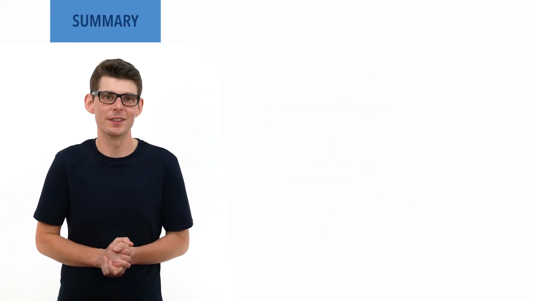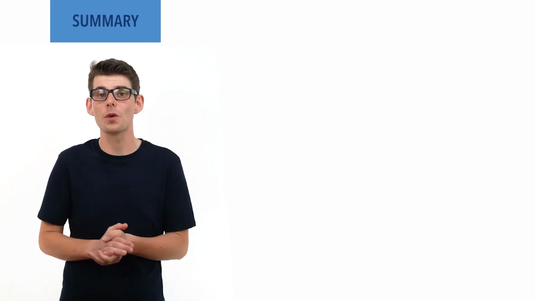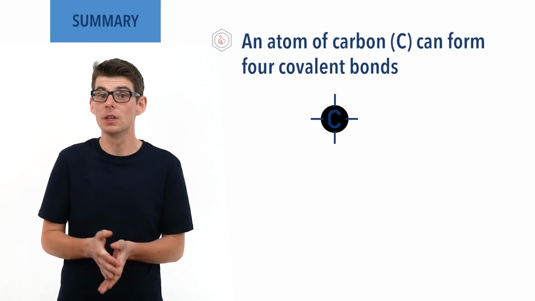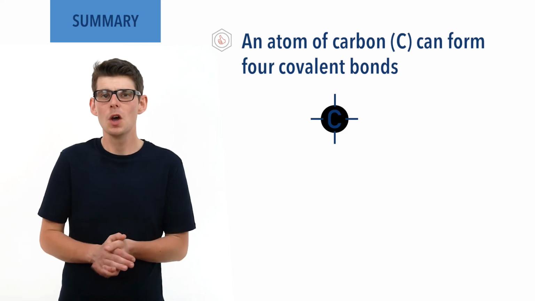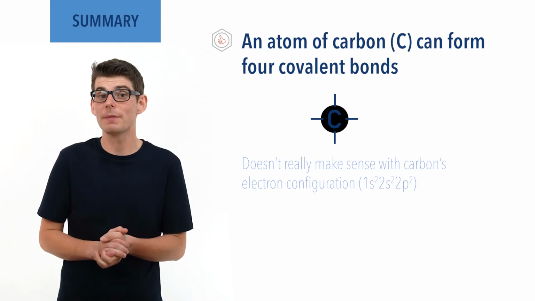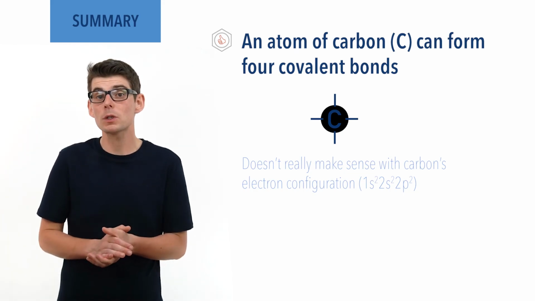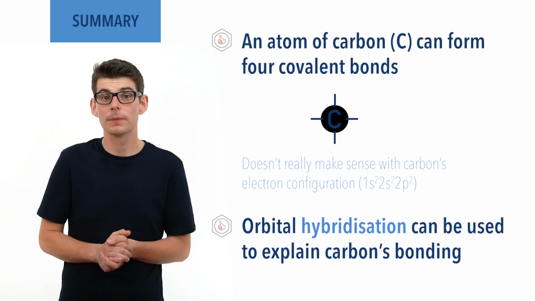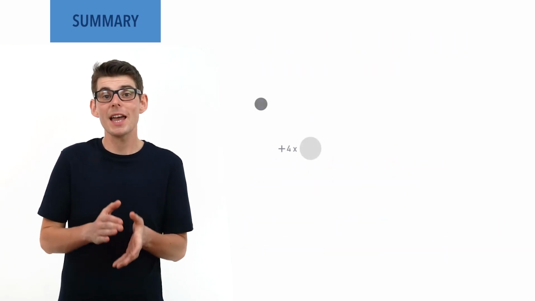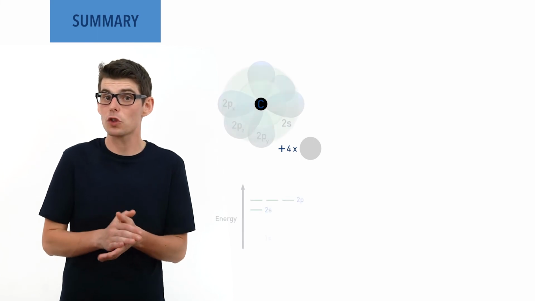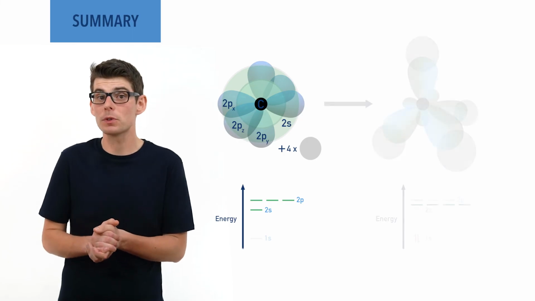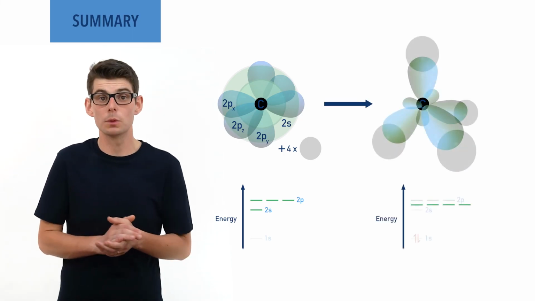So, to summarize, carbon is able to make 4 covalent bonds, which is strange, as the electron configuration for carbon, 1s2, 2s2, 2p2, wouldn't predict this as being the case. To explain the fact carbon makes 4 bonds, a model of orbital hybridization is used. When a carbon atom makes 4 sigma bonds to 4 other atoms, the s and p orbitals in its outer shell rearrange and mix, forming 4 identical orbitals that are now called hybrid orbitals.